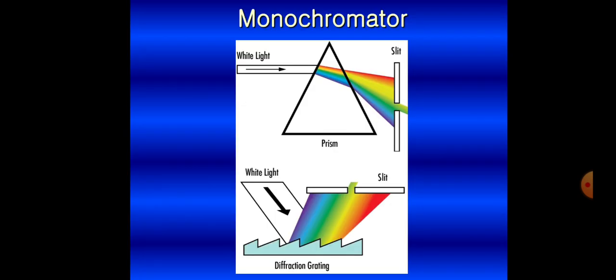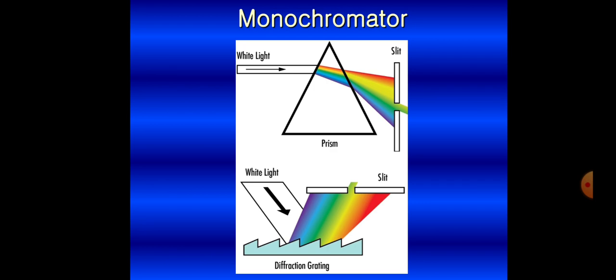Okay, here we are going to talk a little about the monochromator. We have two types of monochromator to separate the different wavelengths of the light. In the upper picture, you can see a prism, which is used for separating or dispersing the light into its components.